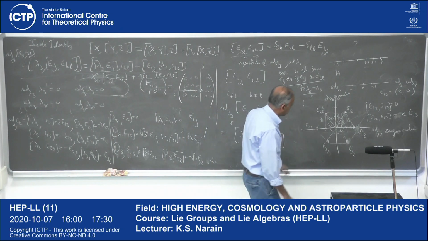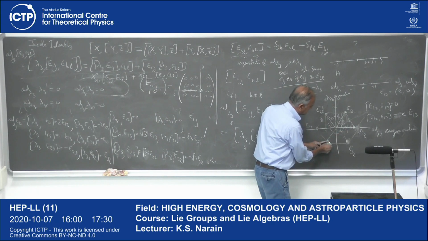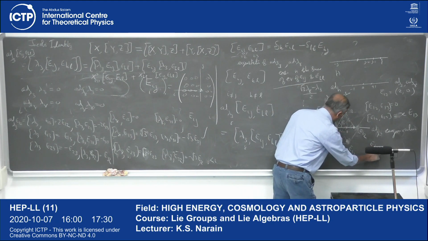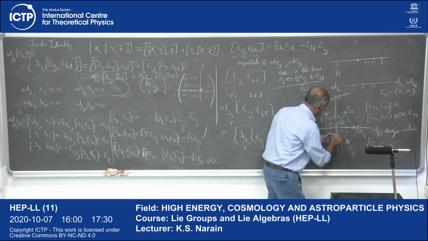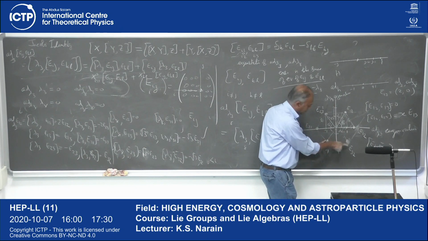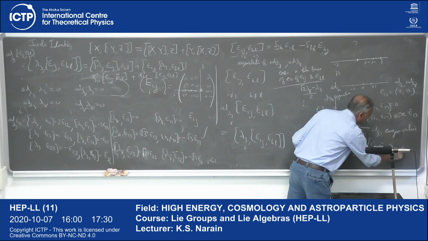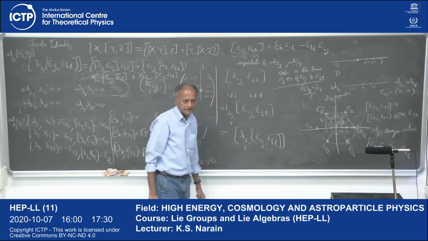This is one thing. And then similarly you can do, for example, E12 with E31. This with that. If you add the two vectors, you're going to get that vector. So you'll get E32. And so on. Just from this picture you can immediately guess.